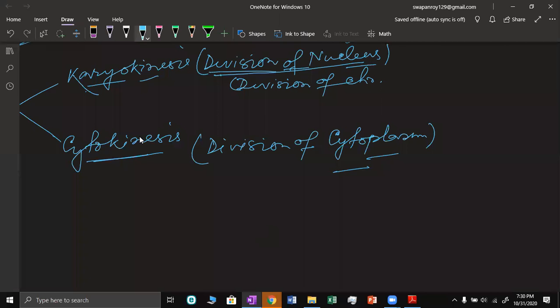Karyokinesis starts first, but later, towards the end, karyokinesis and cytokinesis go side by side. And when cytokinesis takes place, then one cell is divided completely into two cells.